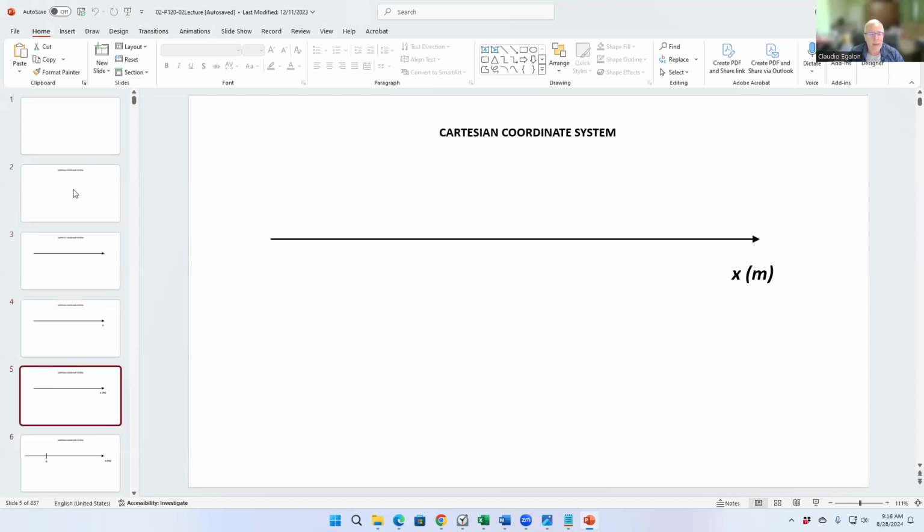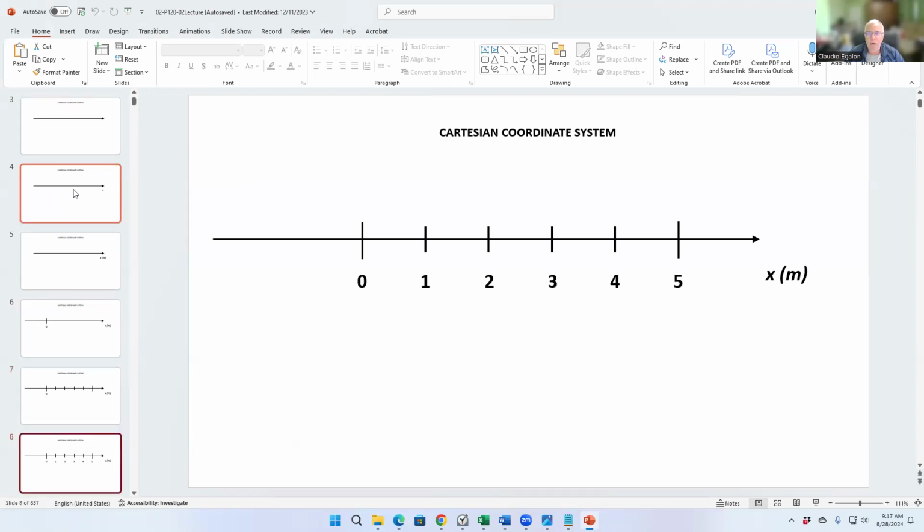Notice that my axis has a unit of meter, and this axis x must have an origin that I can place anywhere. This axis must be graduated, right? I can say that each graduation here corresponds to 1 meter, 2 meters, 3 meters, 4 meters, and so on.